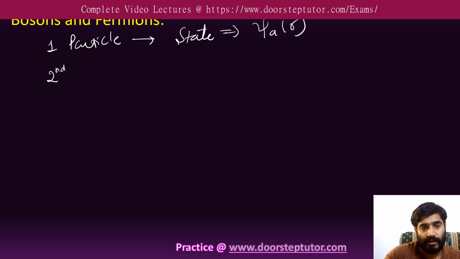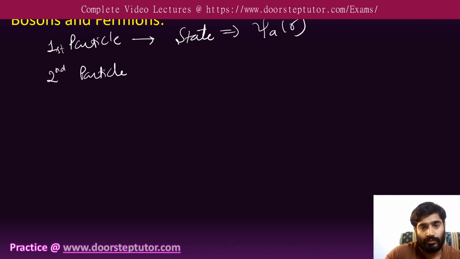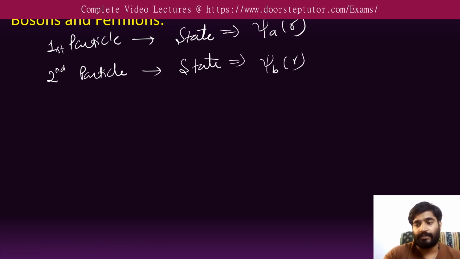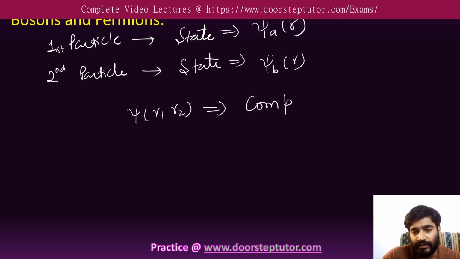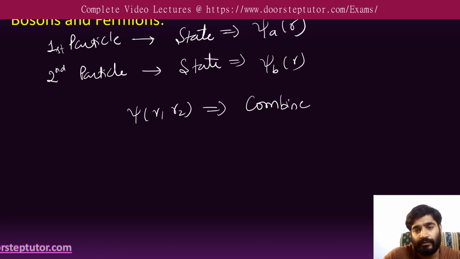This is the first particle, this is the second particle, with a state psi b as a function of r. So my combined state, with positions r1 r2, is the combined state for the two particles.